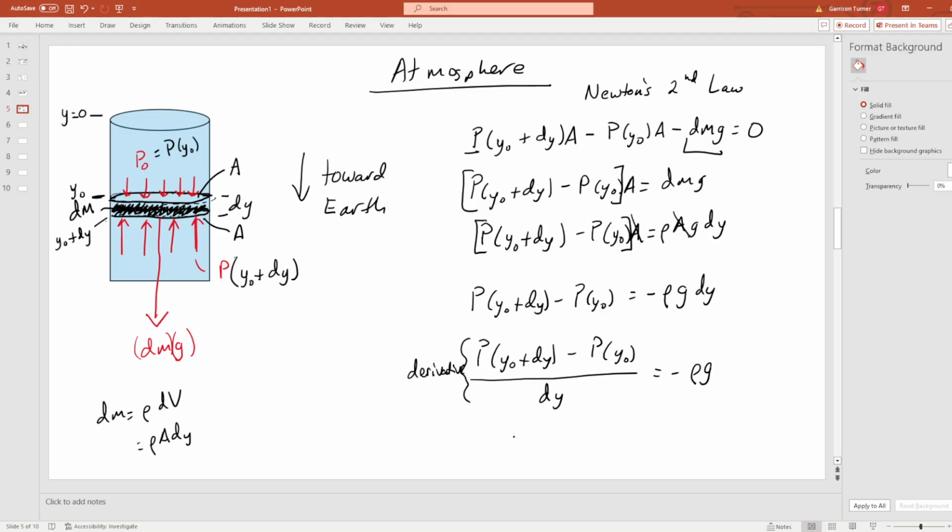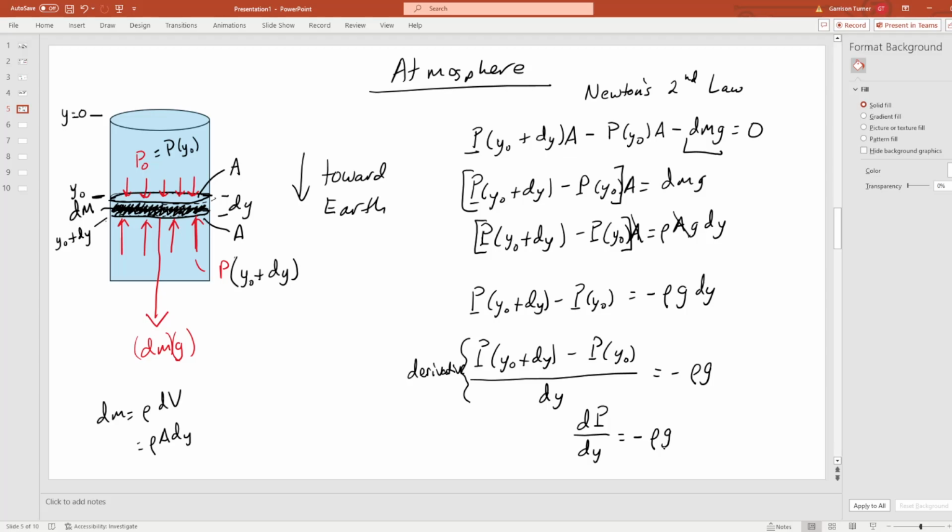Okay. So this is saying that the change in pressure inside your gaseous cylinder here is equal to the negative of the local density times the local gravitational acceleration, right?